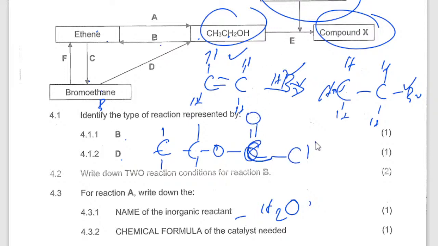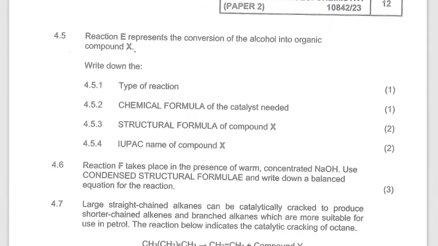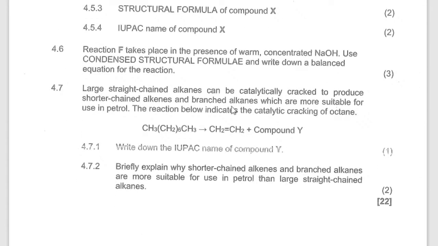So you put the 5 carbons, 1, 2, 3, 4, 5, and then you put the hydrogens throughout. So basically, that's what they wanted. Ethyl pentanoate. Then, yes, I think I'm done with that.